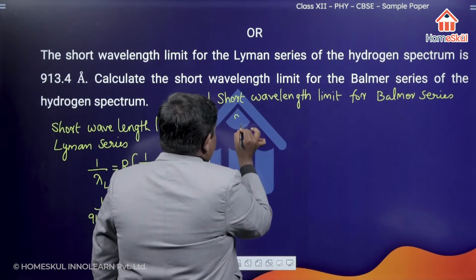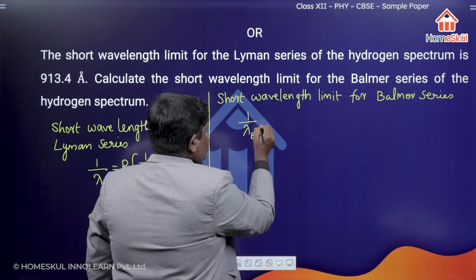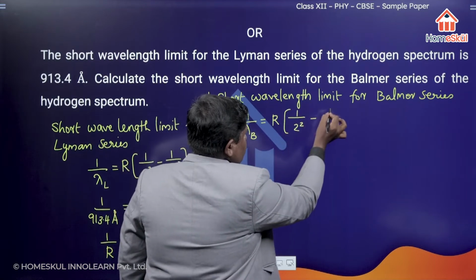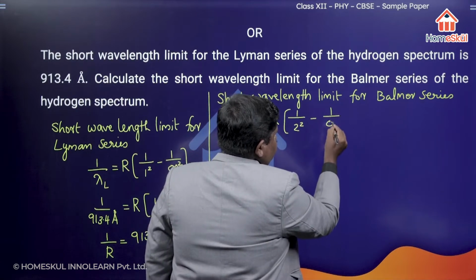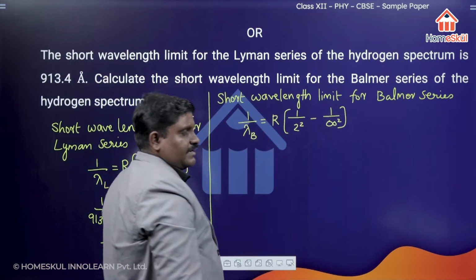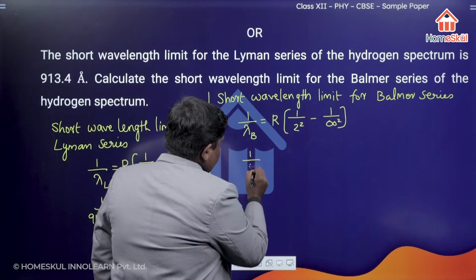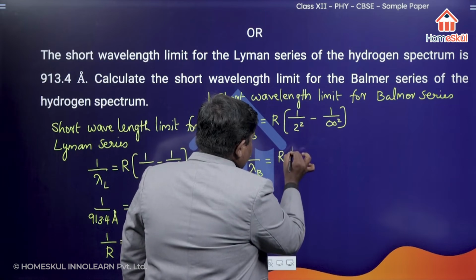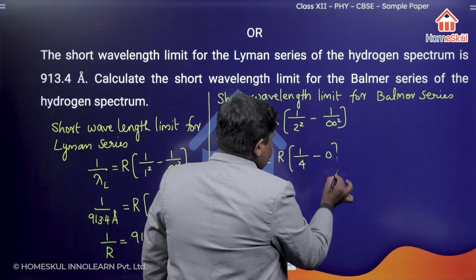That is 1 by lambda B equal to R into 1 by 2 square minus 1 by infinity square. Right? So here we have to write it as 1 by lambda B equal to R into 1 by 4 minus 0.